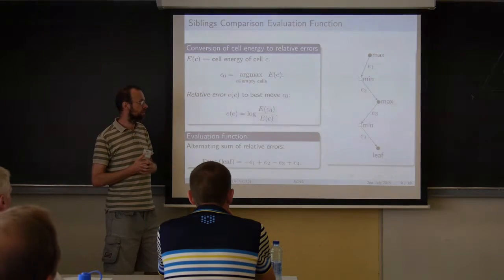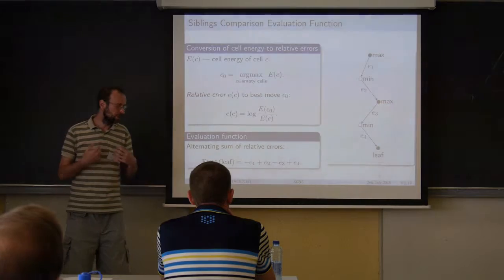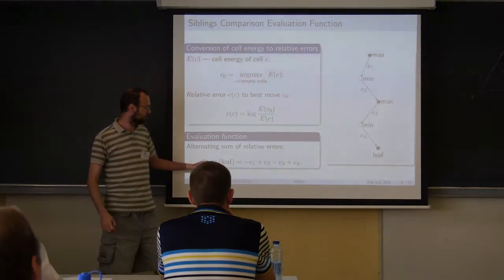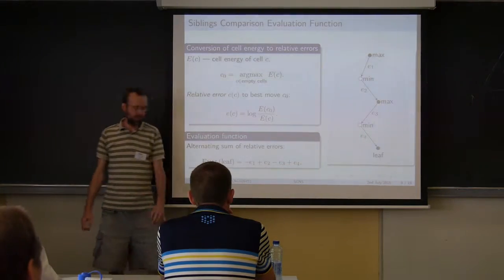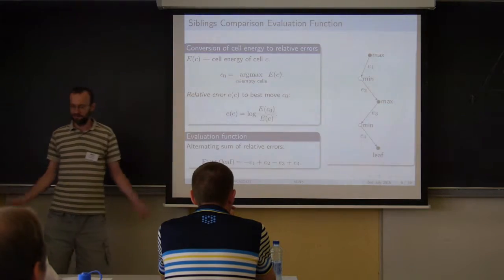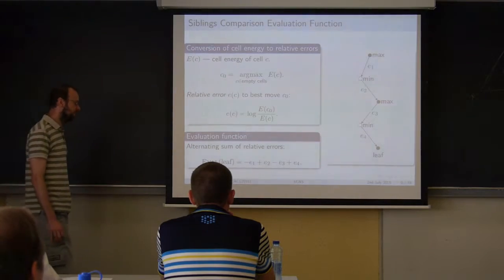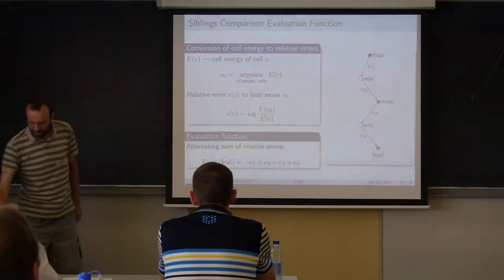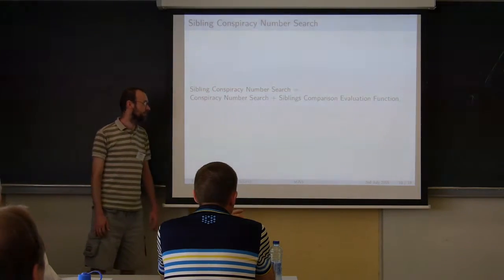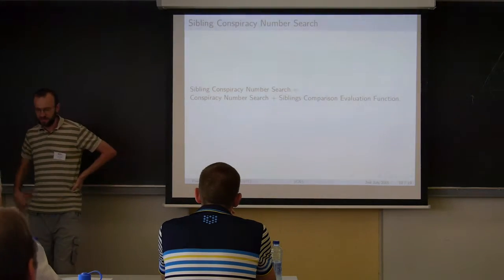If the min player plays with error E2, it introduces some error. It is bad for the opponent, so good for us, so we add it to the evaluation function, and so on. So our evaluation function is an alternating sum of errors. Applying this evaluation function to conspiracy number search, we call the algorithm Siblings Conspiracy Number Search. Why does it deserve a new name?